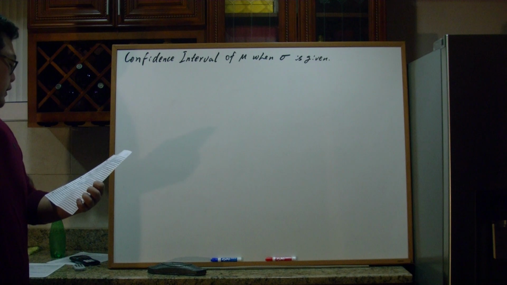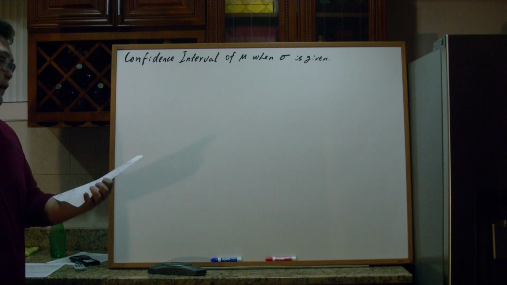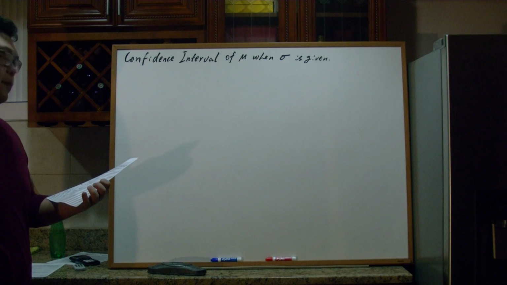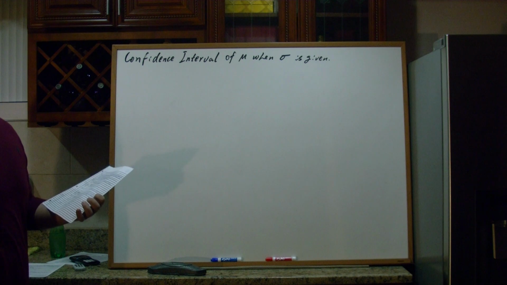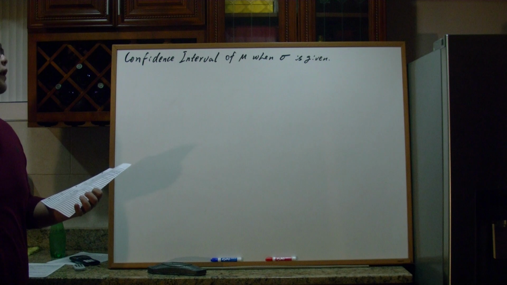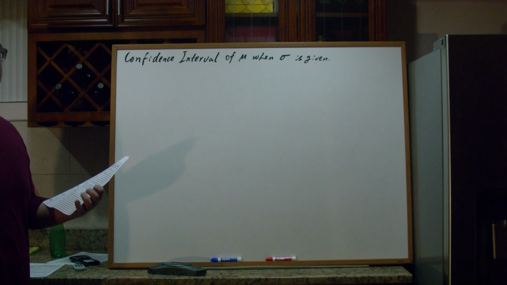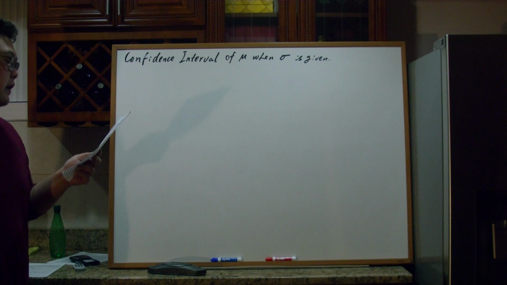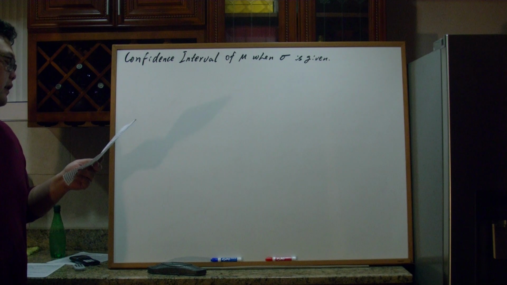For 90% we use 1.645, for 95% a z-score of 1.96, and for 99% we use 2.58. It could be 2.575, but 2.58 is also acceptable.